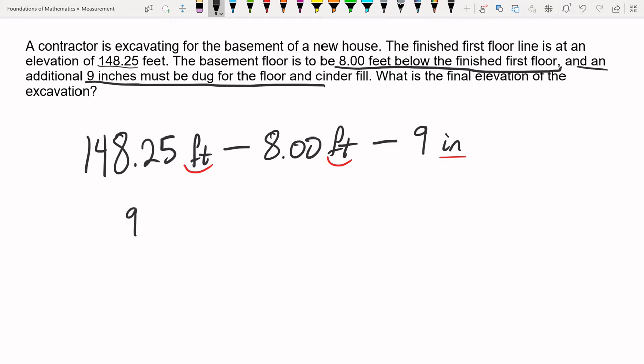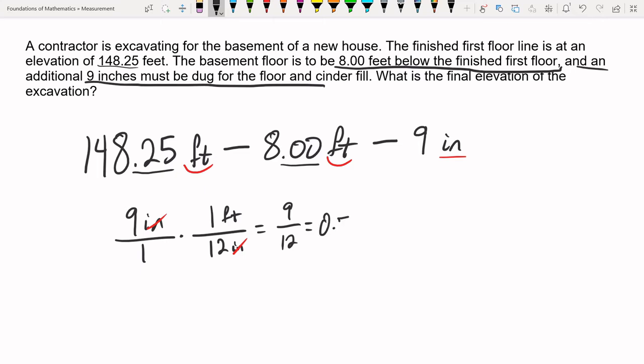So 9 inches, we have 12 inches equals 1 foot, and you see the inches cancel. Now we have 9 over 12, and we want decimal numbers here. 9 over 12 is going to be 0.75, and that's going to be in feet.